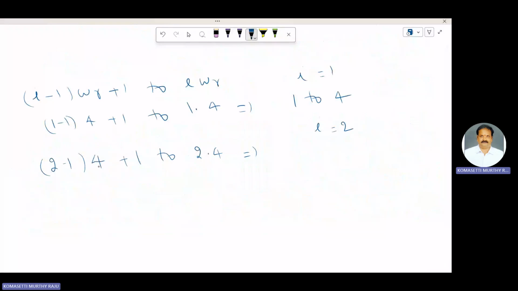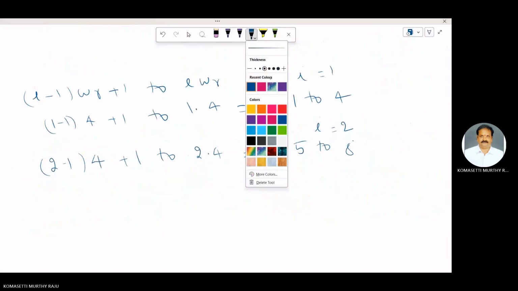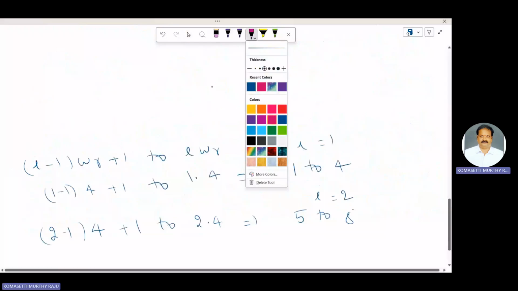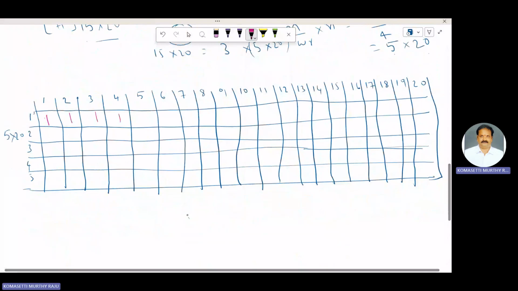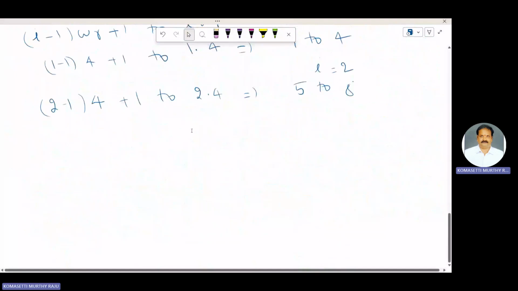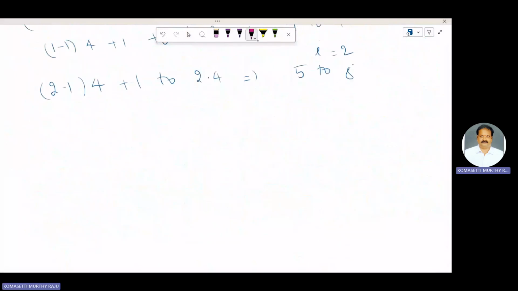That is, 1 into 4, 4 plus 1, 5 to 8. For the second row, the columns containing ones are 5, 6, 7, 8.